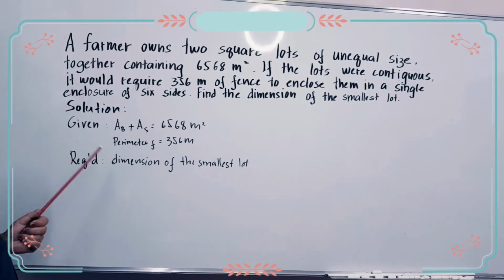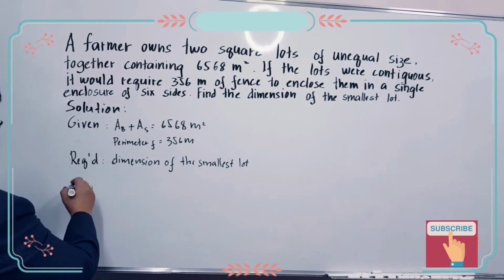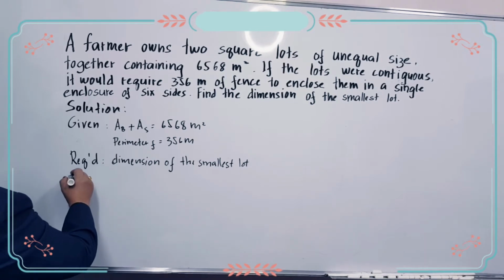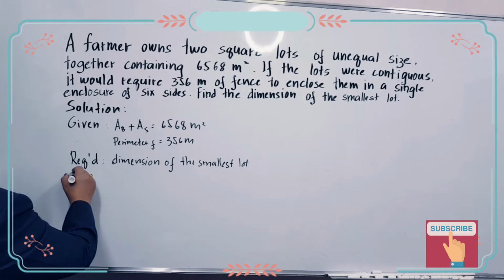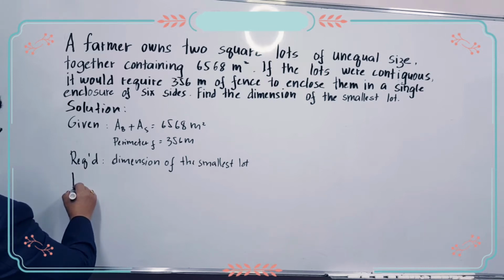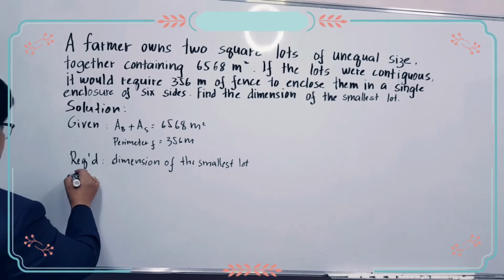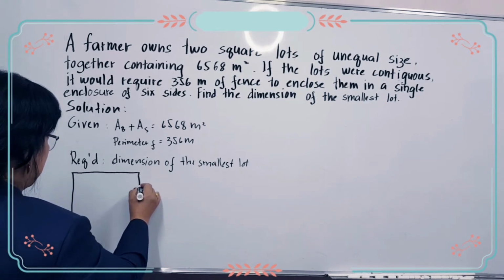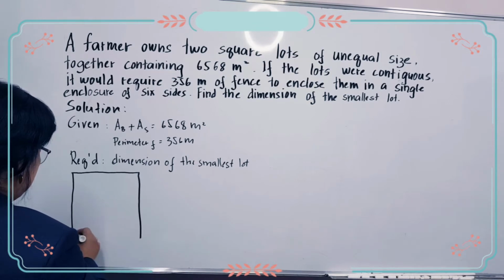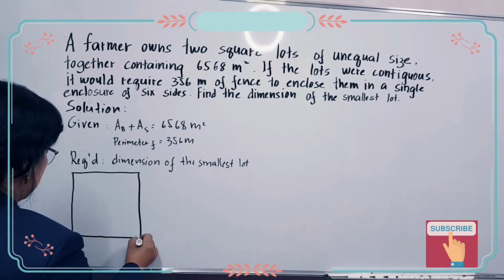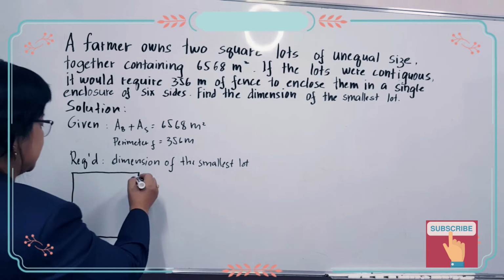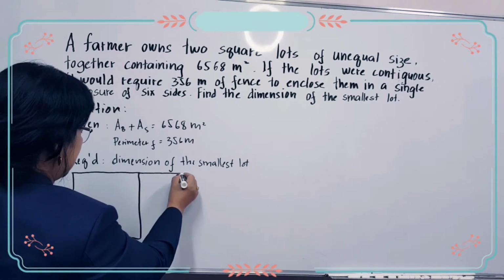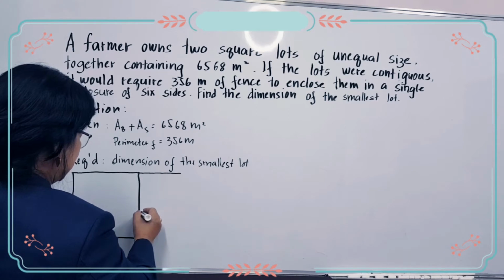Now, because what is required here is the dimension of the smallest, if you make a rough sketch of the 2 lots, this is the big lot, for example, the big square lot, and because they are contiguous, this is the second lot, and this is smaller.